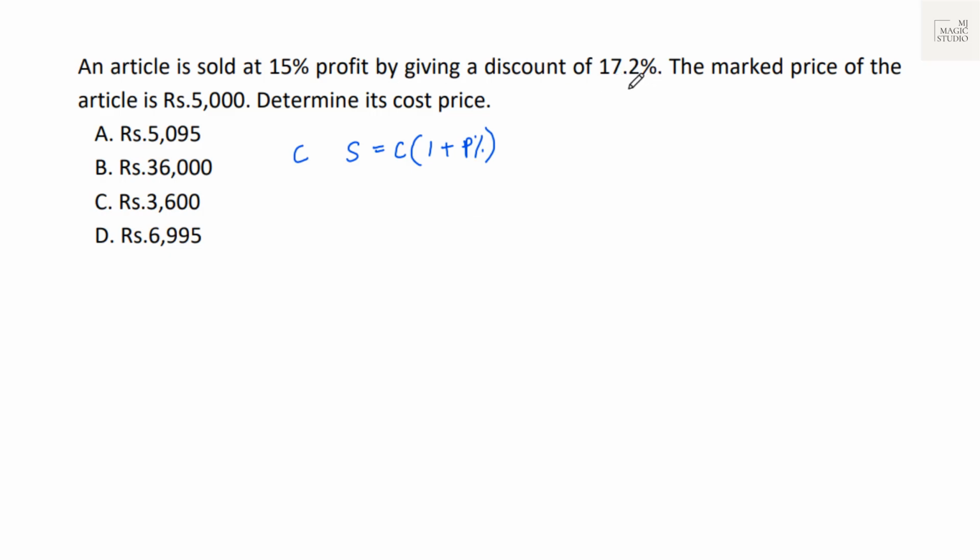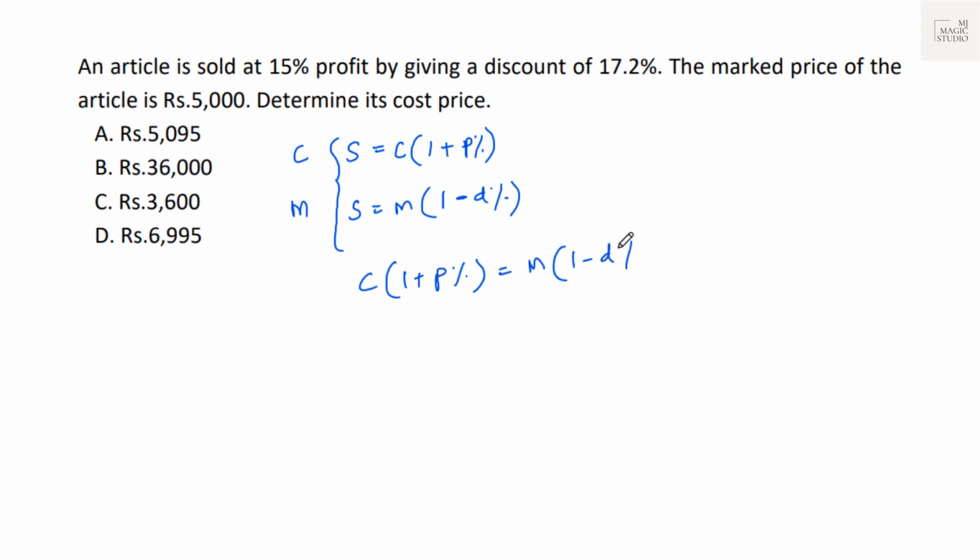By giving a discount of 17.2%, this is the discount rate. Discount is always given on mark price. From mark price, how do we calculate selling price? If mark price is given, then discount is calculated on mark price. That means from marked price to selling price would be mark price into 1 minus D percentage. Now we know that selling price is the same. That means C into 1 plus P percentage should equal mark price into 1 minus D percentage.